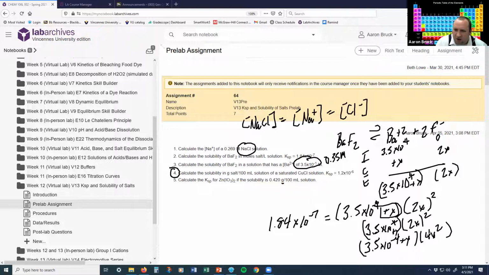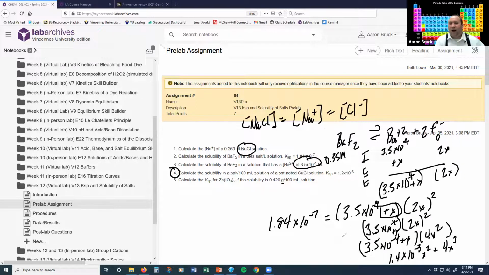And now I've got to expand this, and 3.5 times 10 to the negative fourth times 4 is 1.4 times 10 to the negative third, x squared plus 4x cubed.